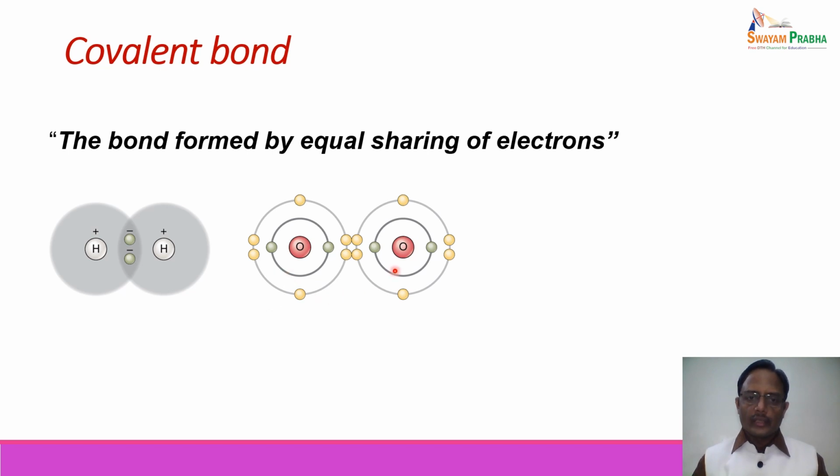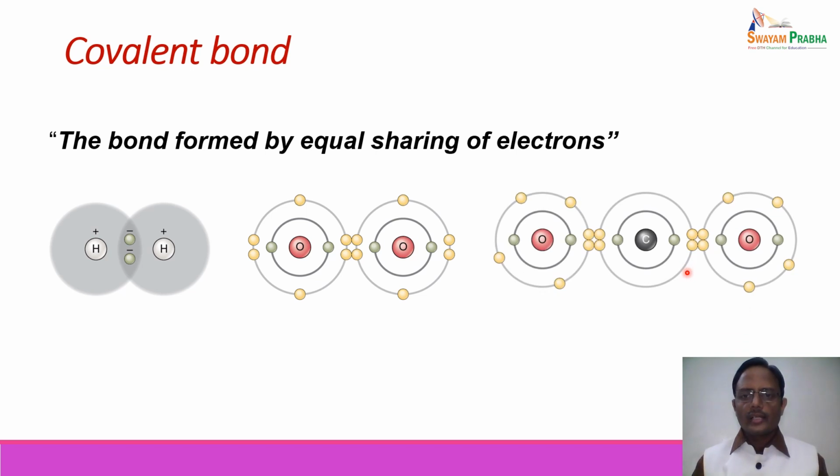Both oxygen atoms have 6 electrons in their valence shells, and they can share 2 electrons each. Thereby both of them get 8 electrons in the valence shell, which is the second shell, and since the octet of both atoms is completed, they get extra stability and the noble gas configuration of neon.